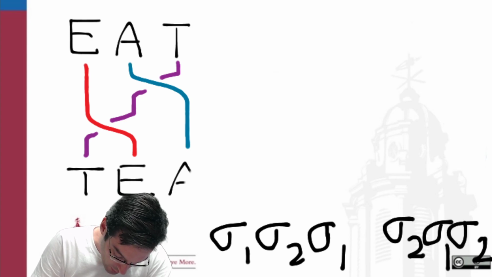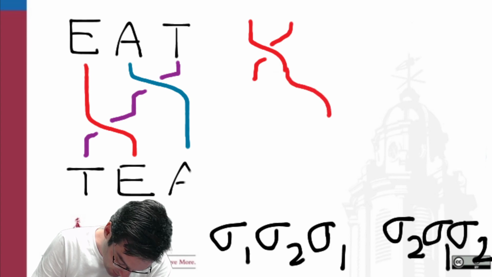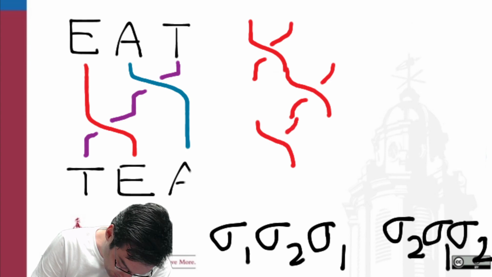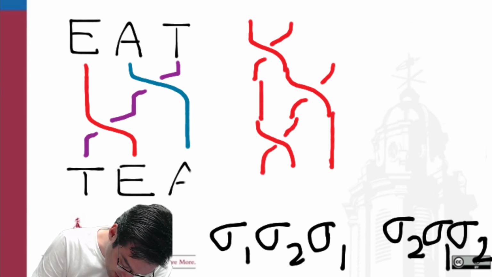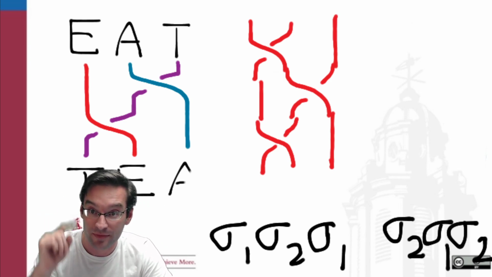All right, so 1, 2, 1. I'm going to do a crossing of the first pair of strands, followed by the second pair of strands, followed by the first pair of strands again. By the way, we're going to have technology draw braids for us a little bit later on. It's a lot better than my clumsy finger on an iPad.